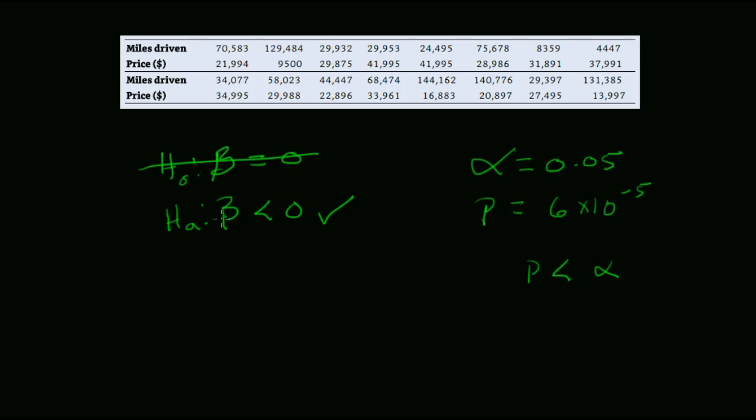That the actual population slope is negative. So I can now assert that I have negative correlation, or at least the data supports the idea that there is negative correlation between the miles driven of a car and its sales price. Okay, so this is how I would do significance testing in this space.